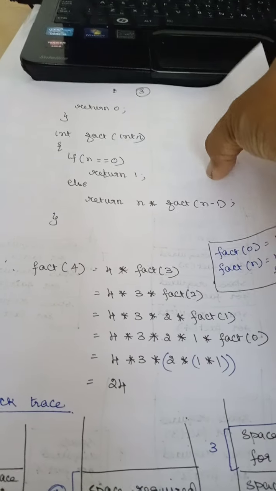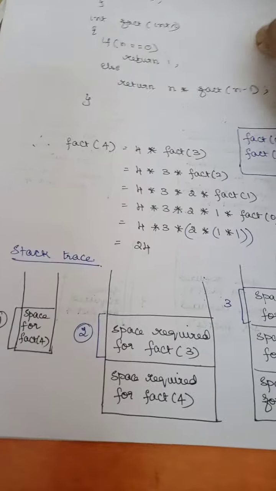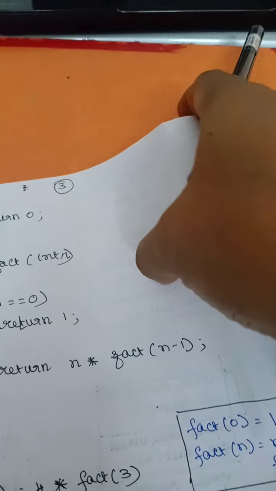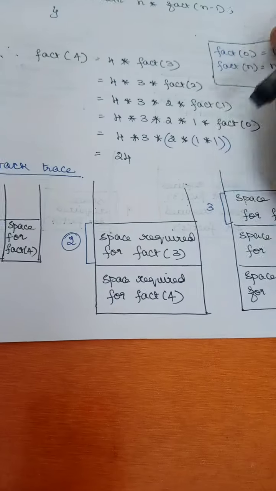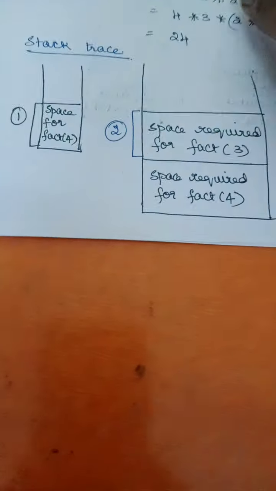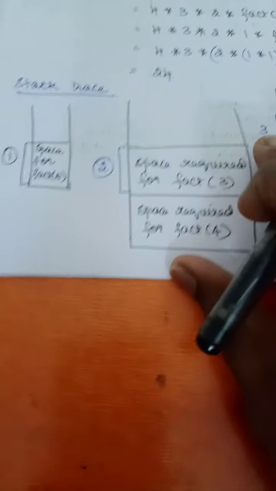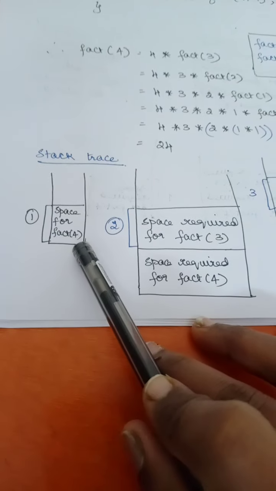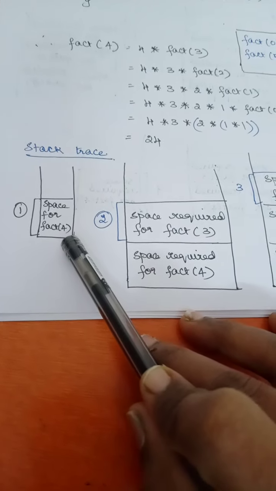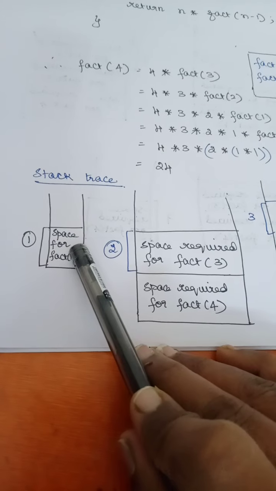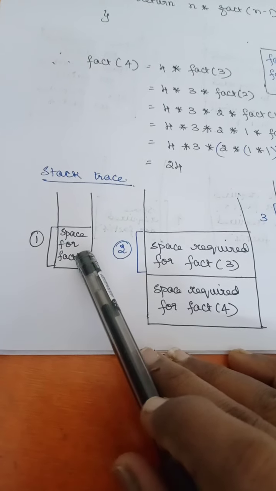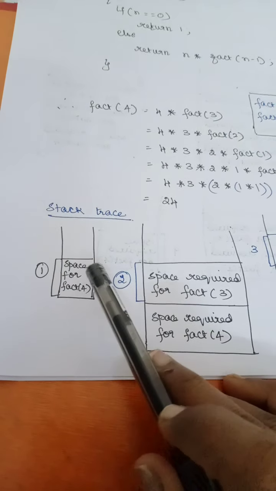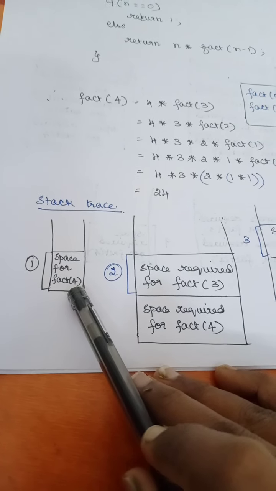Now we'll move on to how the records will be stored in memory. Space for storing the factorial of 4 is needed, because I am going to pass my 4, so I need some space for the function when it is calculating factorial 4.